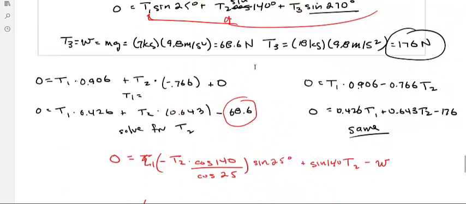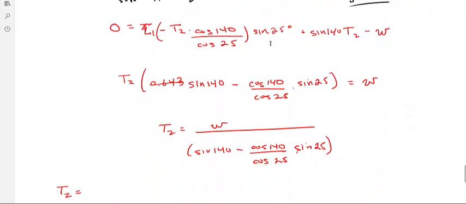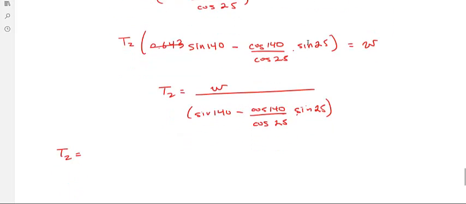So this is for W equals 68.6. And I can check this later so we'll know if it's right or not. So we get 68.6 divided by, and you'll notice this whole thing in the denominator doesn't change. So let's just calculate that and put it in.